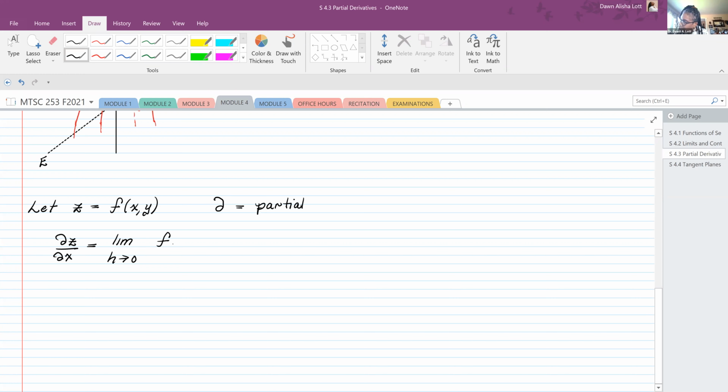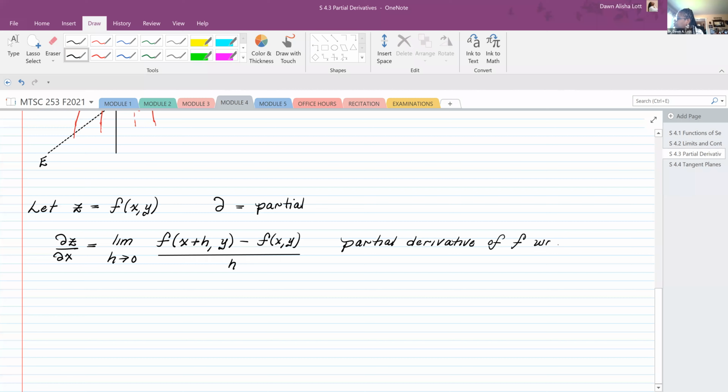I'm going to have f of x plus h, carry y along, minus f of x, y, and divide by h. So this is the partial derivative of f with respect to x.